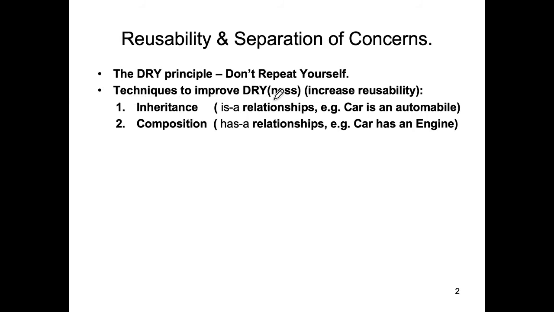A very simple example of an is-a-type relationship is this kind of statement here. A car is an automobile. Now, if car and automobile were concepts in the problem domain that we were developing an application for, and you were following this inheritance approach, then you would probably have an automobile class, and you would have a car class, and car would be subordinate to automobile.